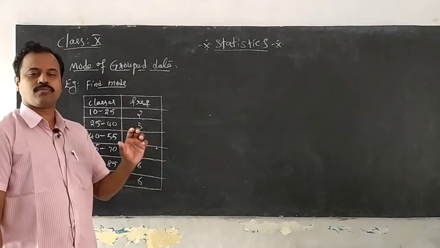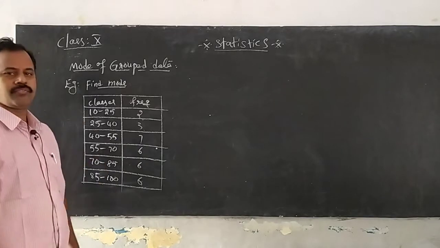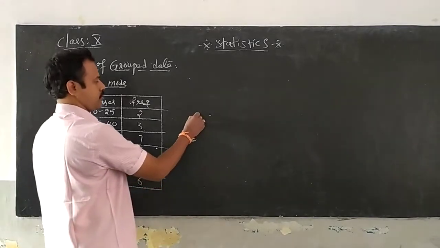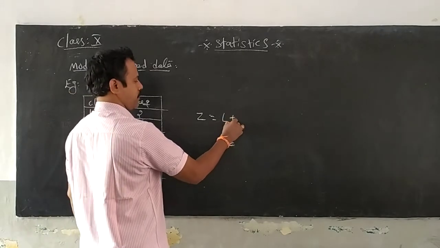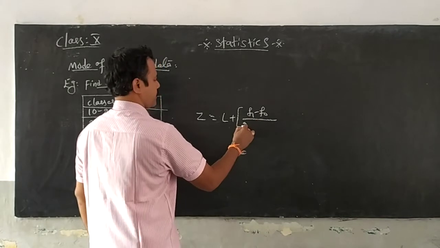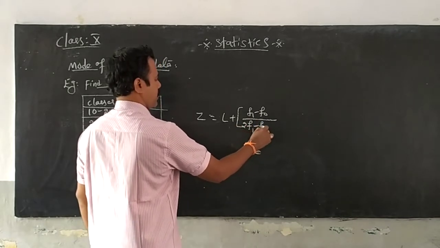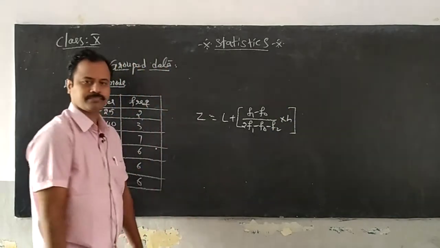Similarly, I gave you the formula for the mode of grouped data. Do you remember the formula? Z is equal to L plus (F1 minus F0) by (2F1 minus F0 minus F2) into H.